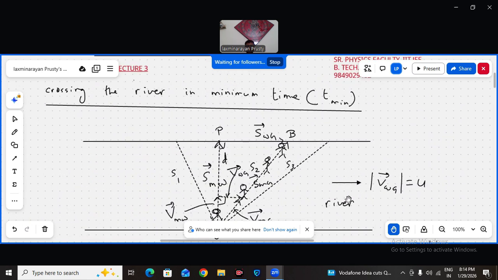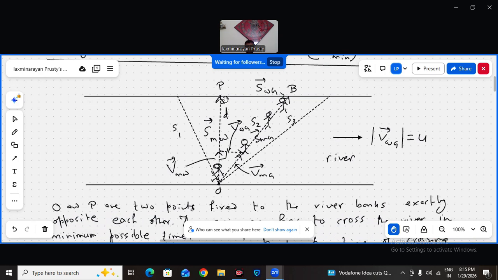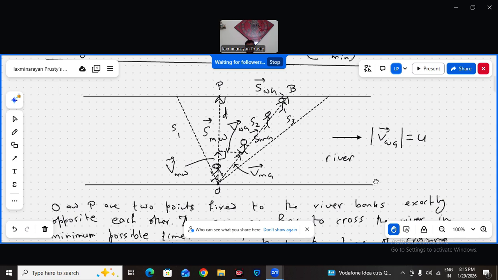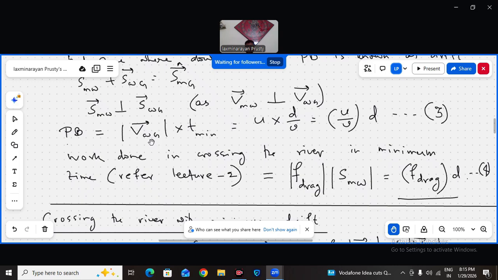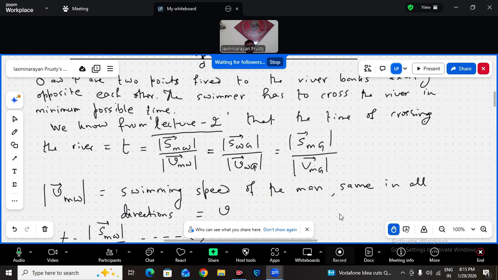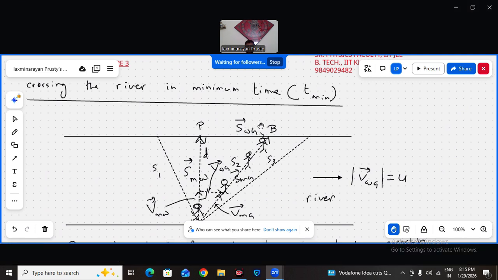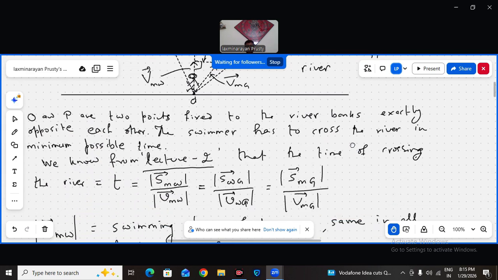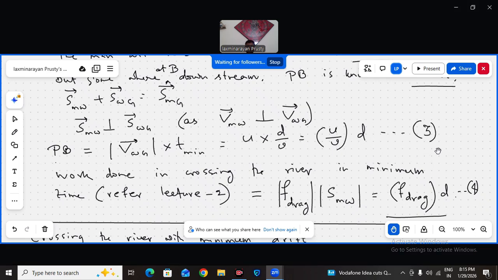PB distance is VWG magnitude into time T. VWG is U, and T is the minimum time, so U into D by V. So U by V into D is the PB.